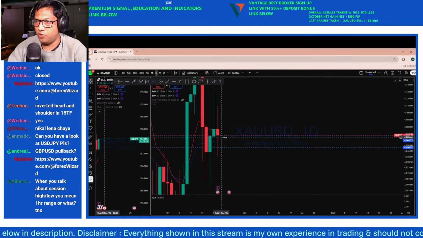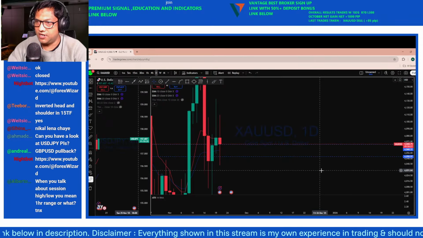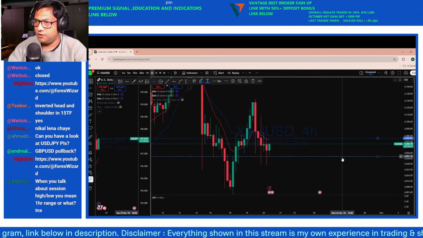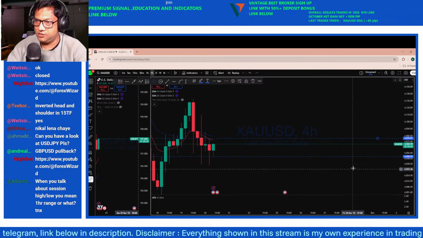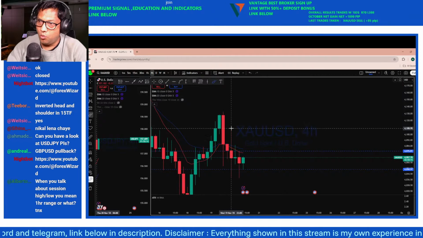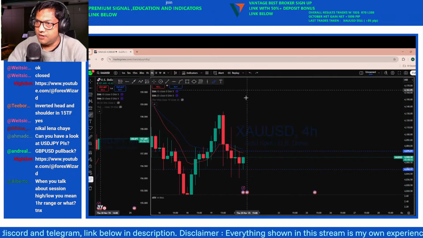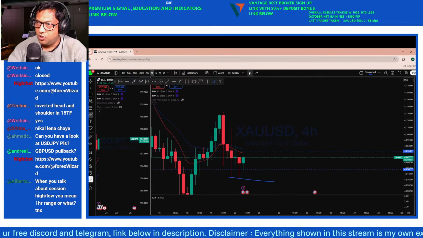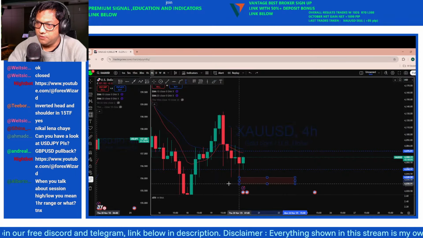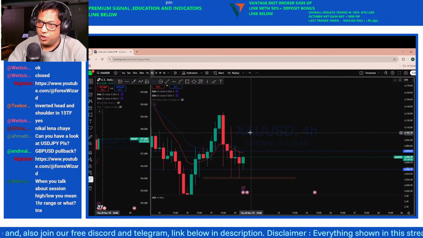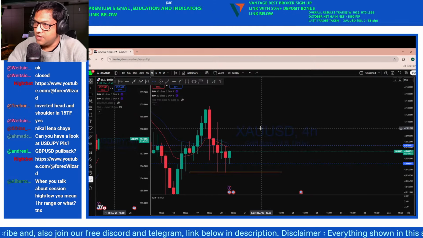Now from the daily, what we are seeing is that the market is going to potentially hit that daily high here. From the 4 hour also, it's a one candle range. You can see there is one big red doji, and the market is ranging in between that. This is the support of this red doji, and after two candles dropped to the support, the price is now again potentially going to hit that high here.